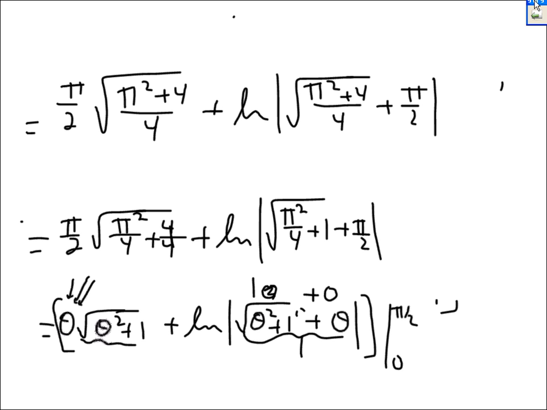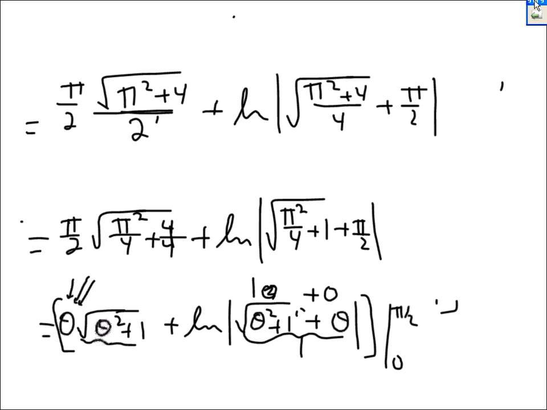When you have a fraction underneath the square root, you can take the square root of the top, which is just the square root of pi squared plus 4, and divide that by the square root of the denominator. The square root of 4 is 2.